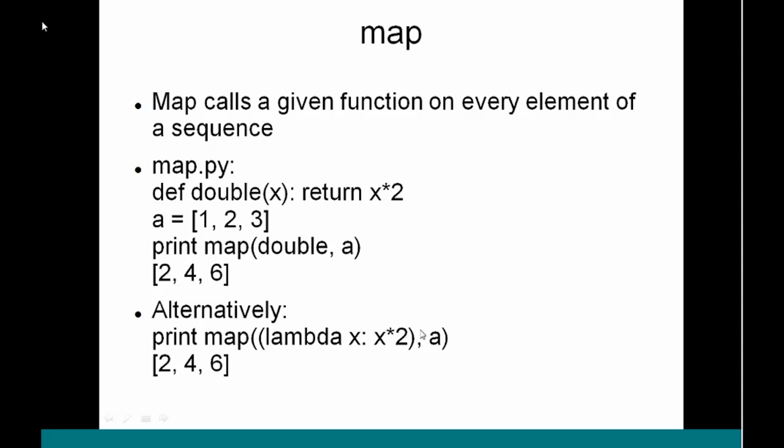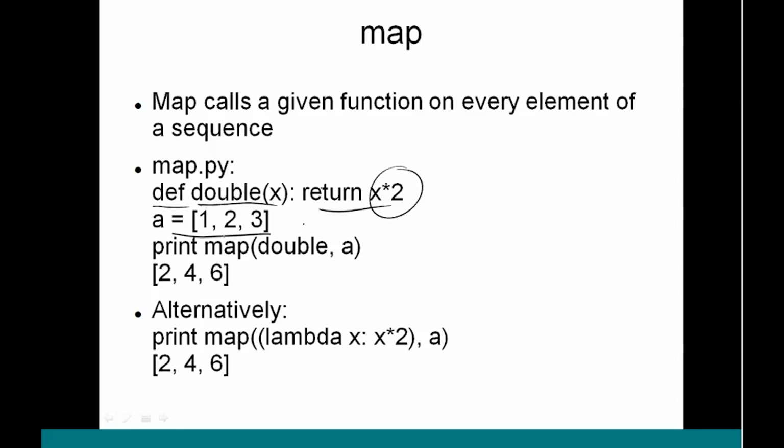The iterable arguments may be a sequence or any iterable, and the result is always a list. So that is another thing that you may want to look at. Here is an example. It's called double: x, return x times 2.